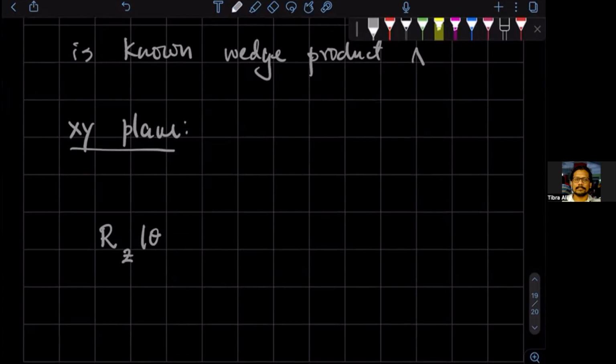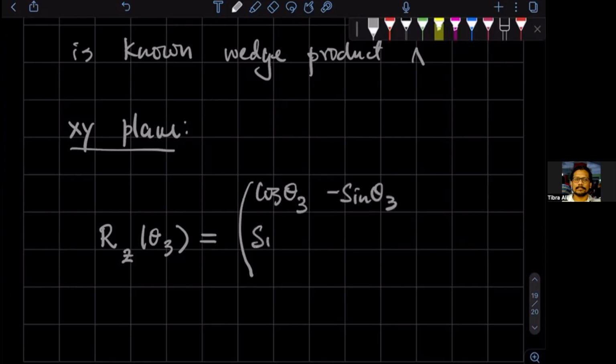Because it's the rotation about the Z-axis. So the matrix will look like cosine theta 3, minus sine theta 3, 0; sine theta 3, cosine theta 3, 0; 0, 0, 1.